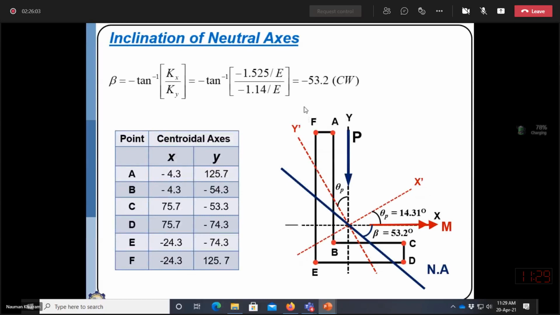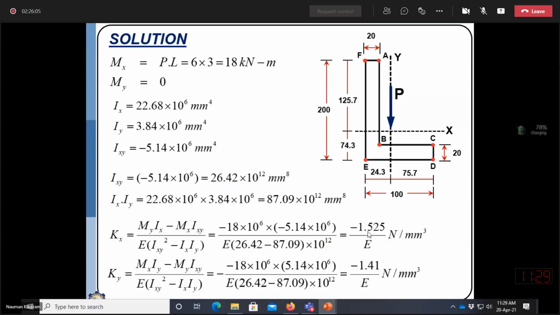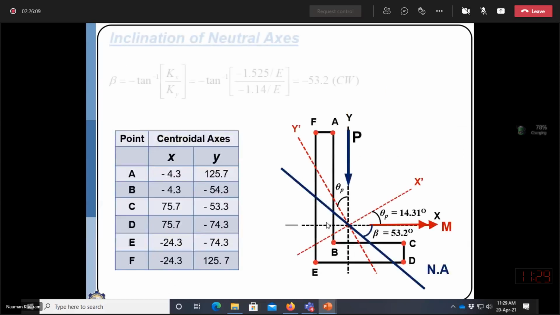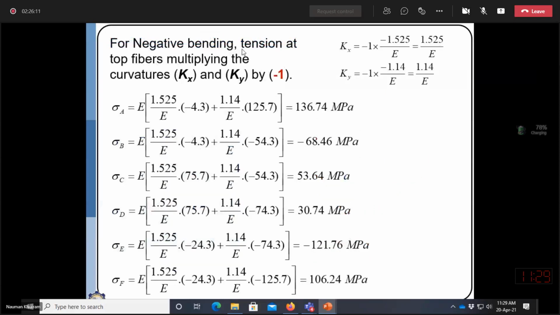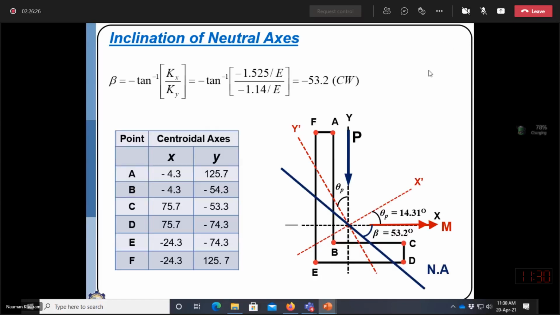Actually, this curvature is supposed to be positive, this is also positive, because for negative bending, tension at the top fiber, multiplying curvature by minus 1, kx and ky become positive. Either both negative or both positive, the beta value will be the same.